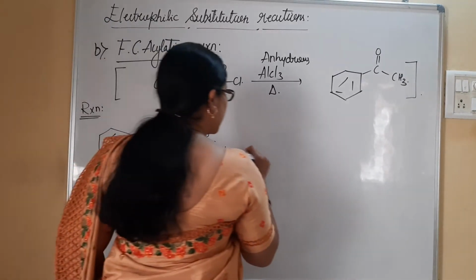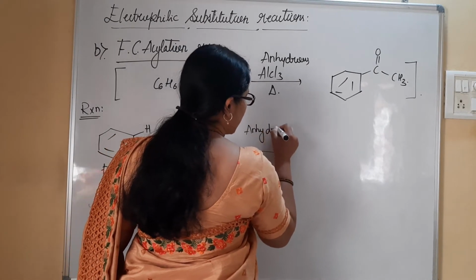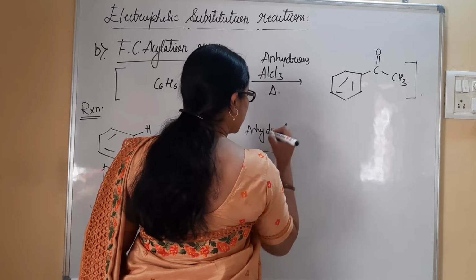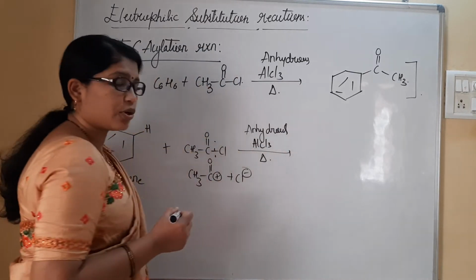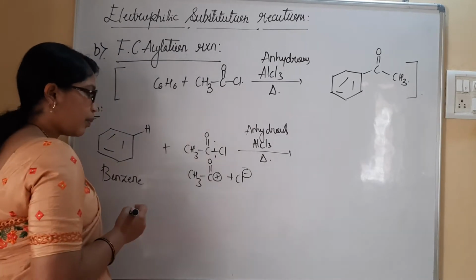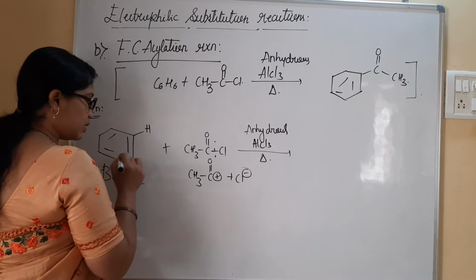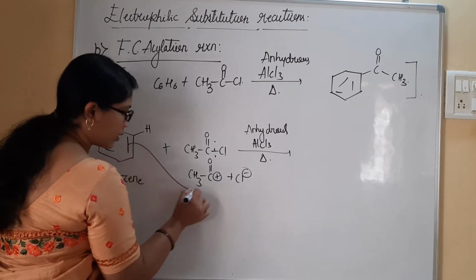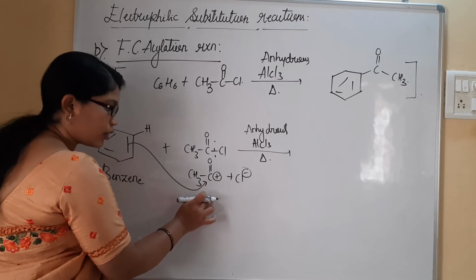In presence of anhydrous AlCl3, the reactant molecules are going to be heated. What will happen here now? The pi electrons which are present in benzene are going to attract this acetyl group by providing the electrons.